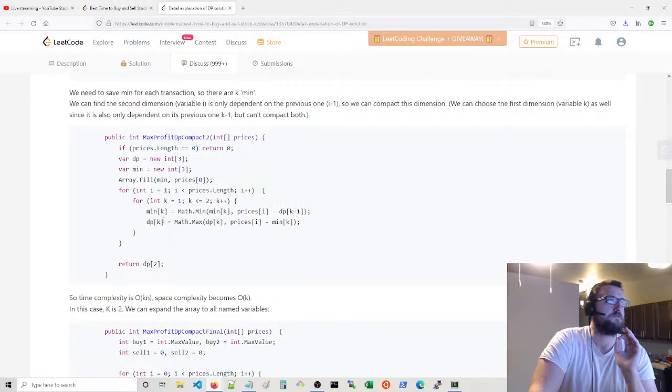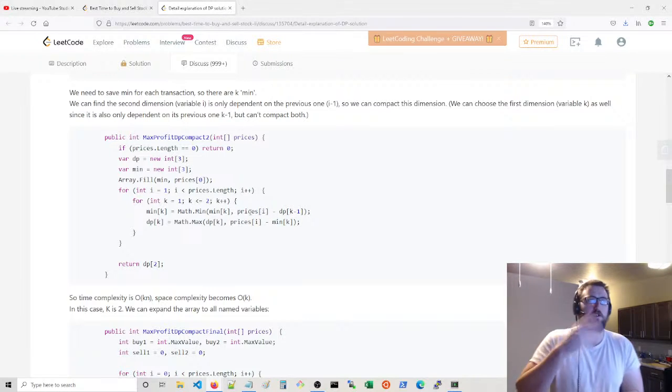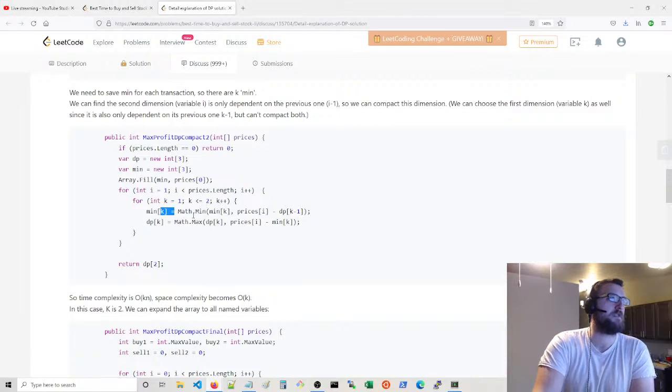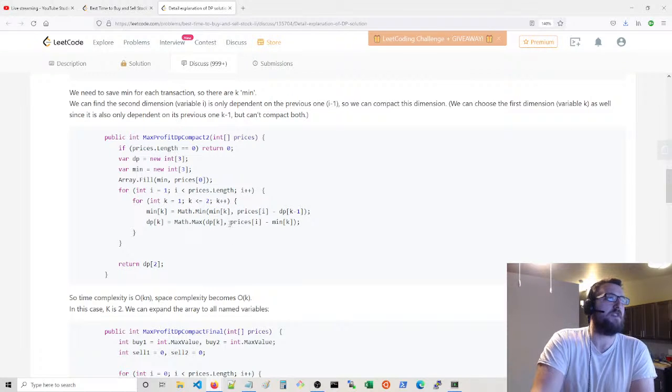k is 1. In order for dp1 to change, that means that this minimum had to have gotten smaller. But when you're looking at dp of 0, it's just 0. So this price change is just itself, right? It's either the current minimum or the new price of i. But if you were to get a new minimum, a smaller minimum, then your price of i minus that smaller minimum, which is also price of i, would have to go to 0.